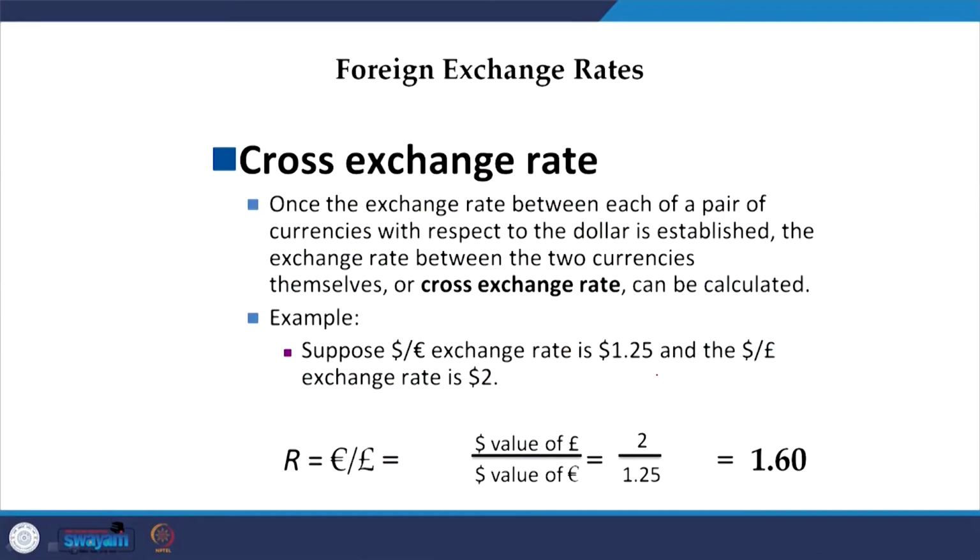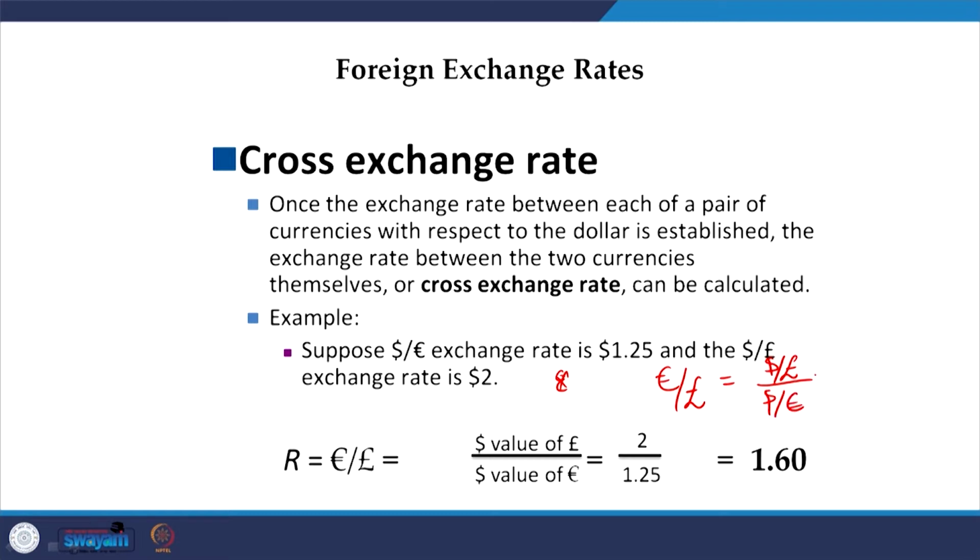We wanted to find out how much euro we can purchase with 1 unit of pound sterling. So, we are interested in finding euro divided by pound sterling, 1 pound. Now, we already know the exchange rate of pound sterling is dollar upon pound divided by dollar upon euro.